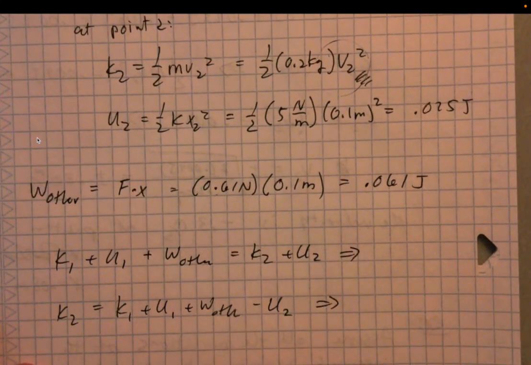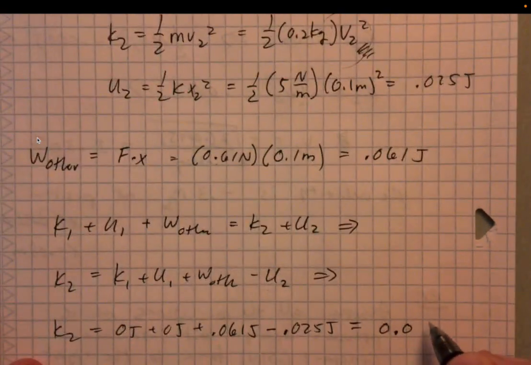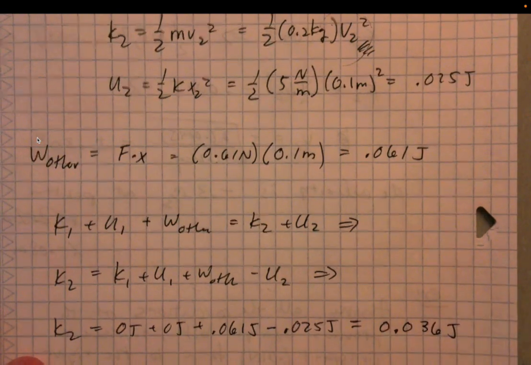And we have all of those quantities. So K2 is equal to 0 joules plus 0 joules plus work other, which is 0.061 joules, minus the potential energy at point 2, which is in the opposite direction, and that is 0.025 joules. All of that together is 0.036 joules.